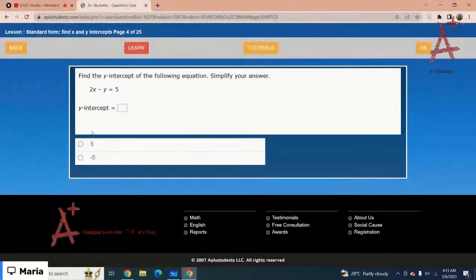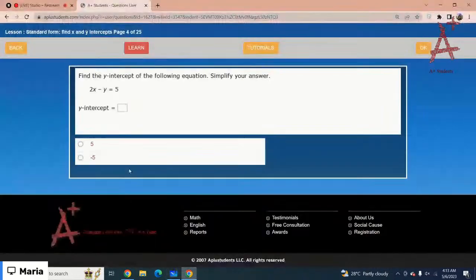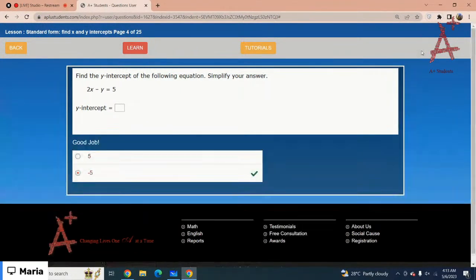But you have to find the y-intercept, so you need to put x equals 0. Then it would be negative 5. The correct option is negative 5.